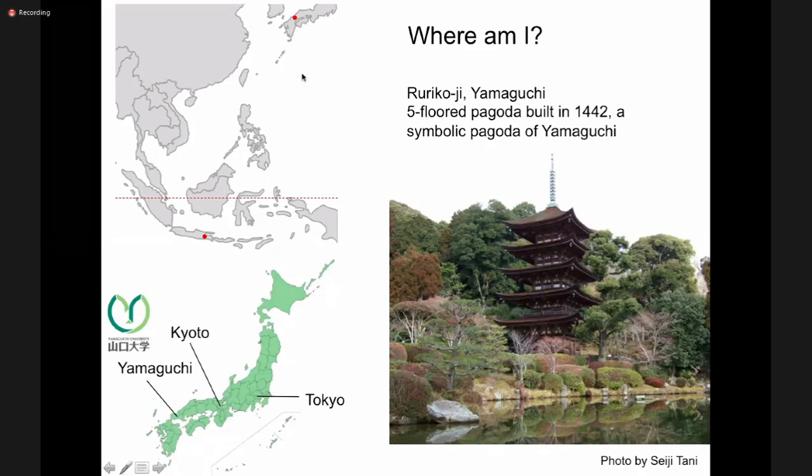Tokyo is the capital city of Japan. I hope next year we will have the Olympics in Tokyo, but I'm not sure we can do it or not. Here is Kyoto, another famous historical city in Japan.